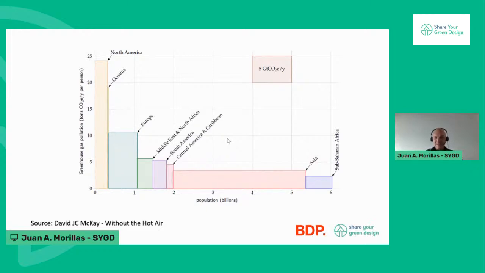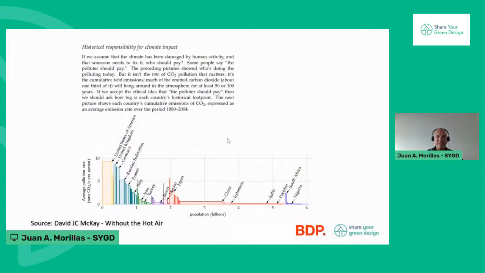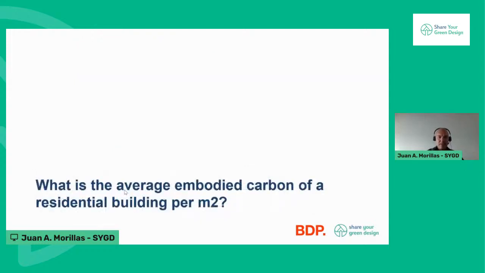Another one I always find very interesting is the historical responsibility. Again, to the left, because this is not current, this is what has happened since it started to be measured, I think in 1880. We see on the left that there are a few countries, and again, don't forget that's per person, per capita.